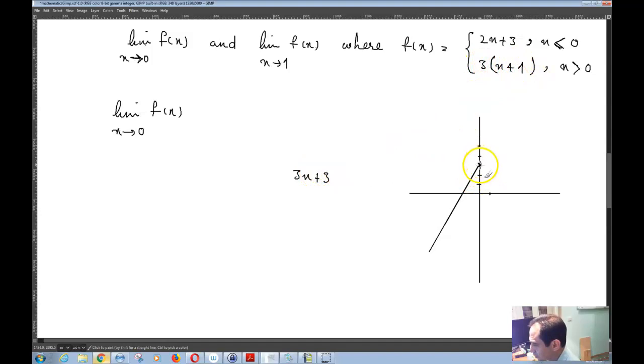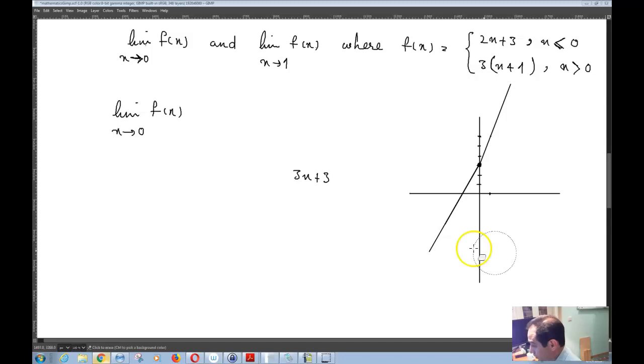So 3x plus 3 would be basically again the same point, but then the slope of the function changes, meaning that the slope is going to be 3, so you would get this point over here, and then the function does something like this. You see over here the slope of this part of the function is different from the slope of this part of the function.